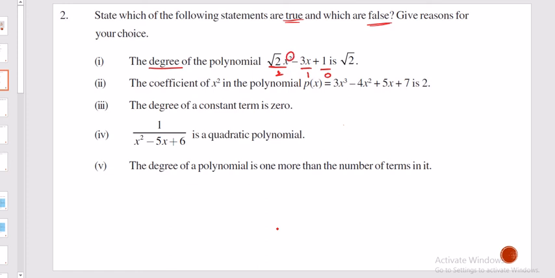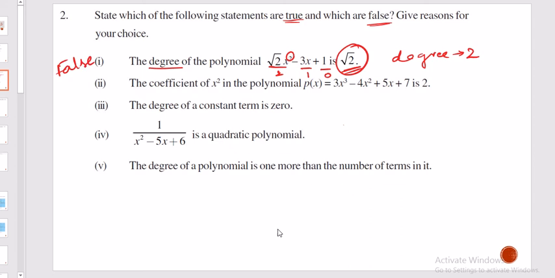Since the highest power is 2, we can say the degree is 2. But what he has given is root 2. So from this, is it true or false? It is clearly a false statement.